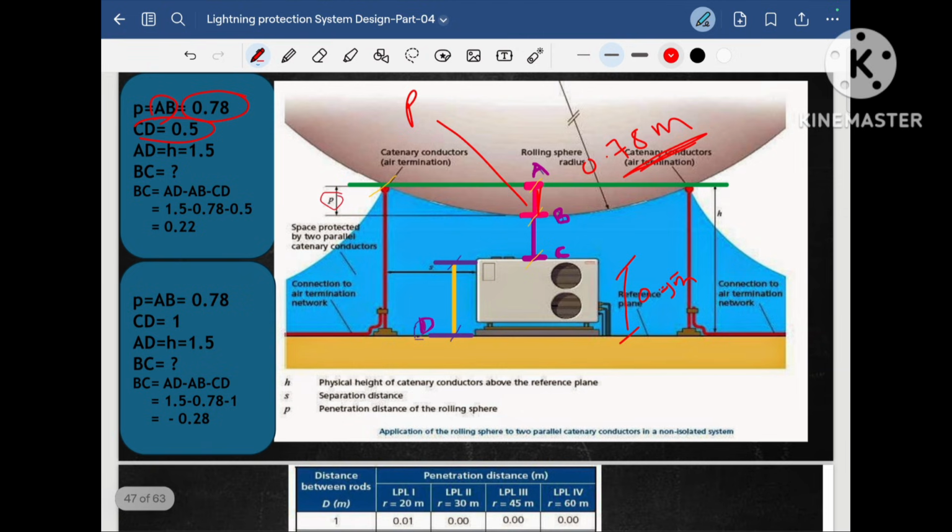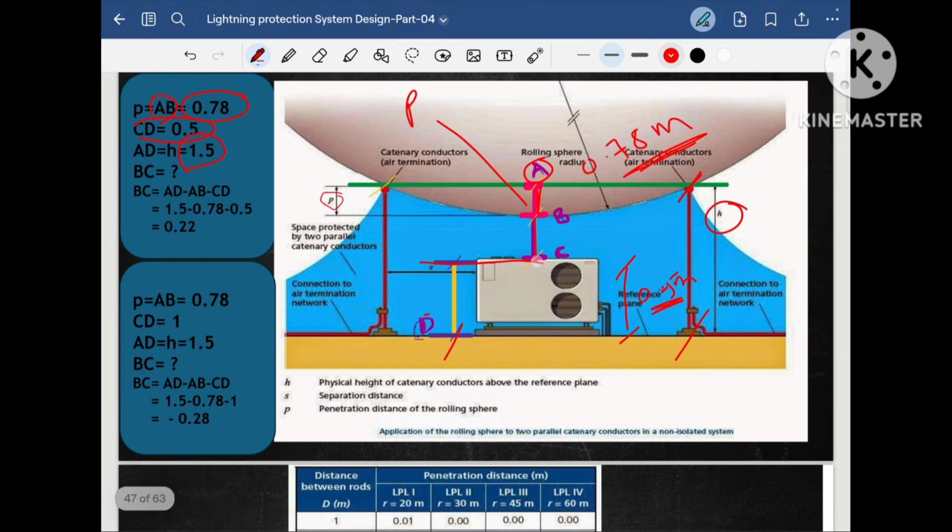CD, the distance between this point and this point, is the equipment height, which I consider 0.5 in my first example. This is the A and this is the D. So A to D is the height of the air terminal, which is 1.5 as per our previous example.